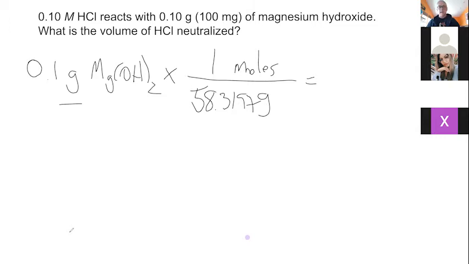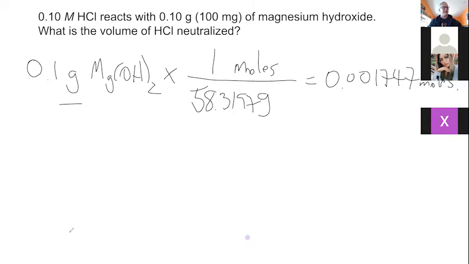So 58.3197. So that is 0.00, so it's 1747 moles. Okay. So that's how many moles of magnesium hydroxide I have.